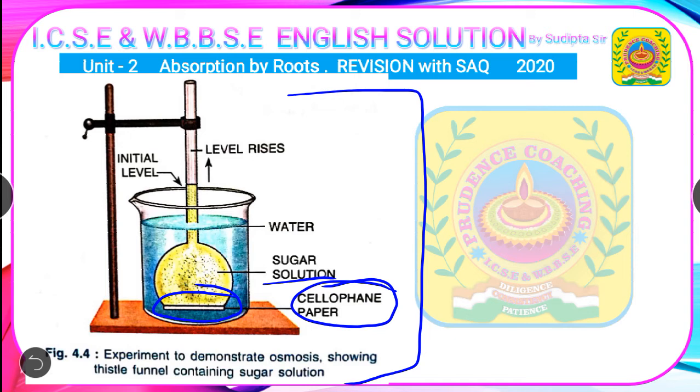After some time, when the thistle funnel is suspended inside the water, we will find that the water level in the thistle funnel rises due to osmotic pressure, as osmosis occurs. So that is the process of osmosis.